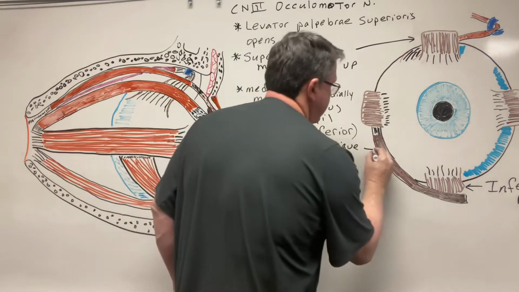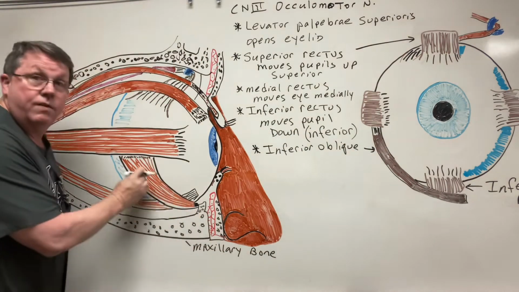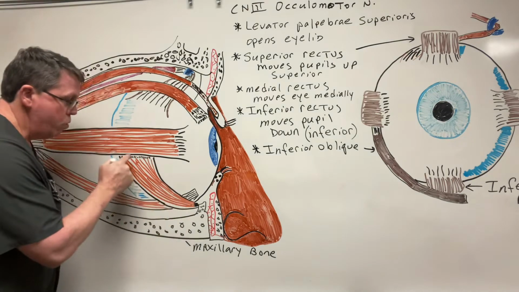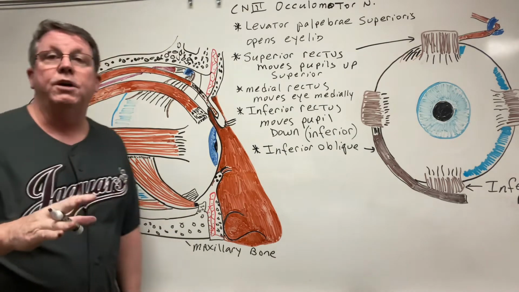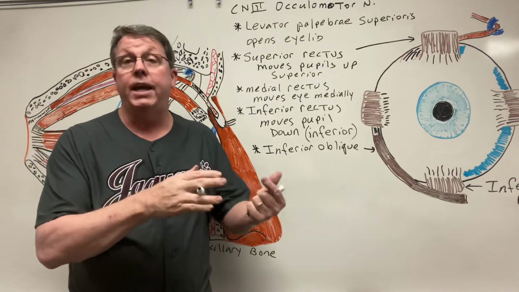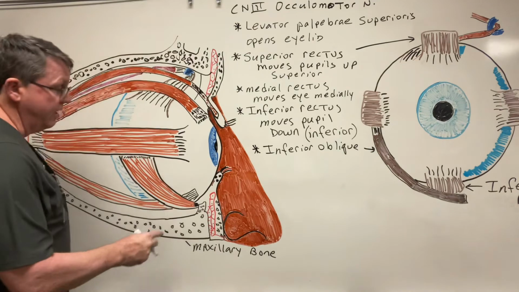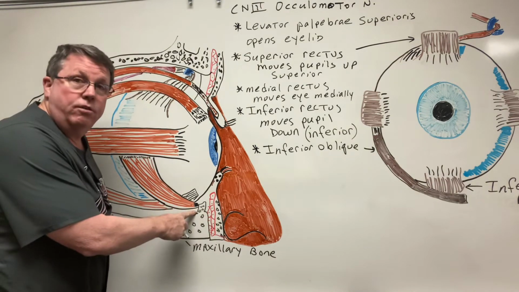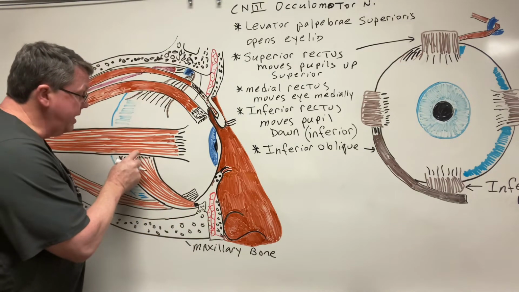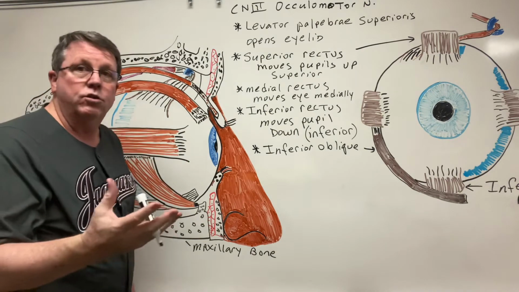That's this muscle right here. Now, unlike the rectus muscles, which originate at the annulus of Zinn, this is actually going to originate at the maxillary bone, and it's going to connect to the inferior lateral side of the sclera. Remember, the sclera is the white part of the eye.